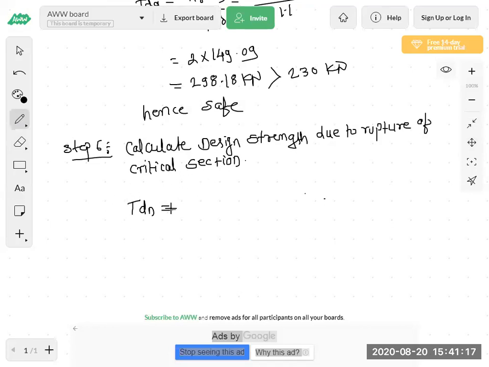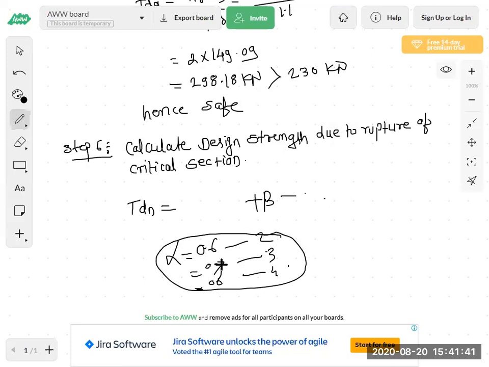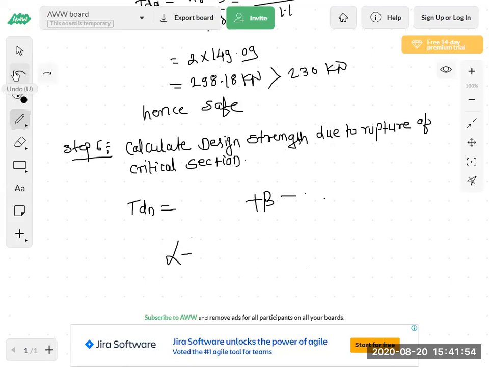The alpha formula is only for bolted connections, because the alpha values 0.6, 0.7 and 0.8 are for 2 bolts, 3 bolts, and 4 or more bolts. So we cannot use that formula for a welded connection. We always use the beta formula when the connection is welded. Are you getting this? You have to keep in mind when to use the beta formula.